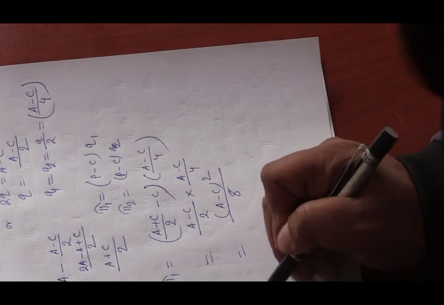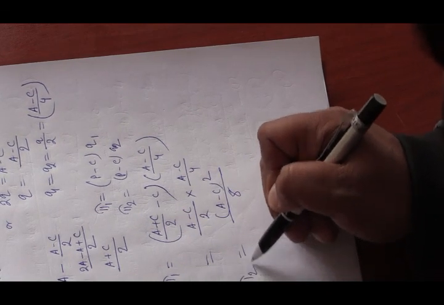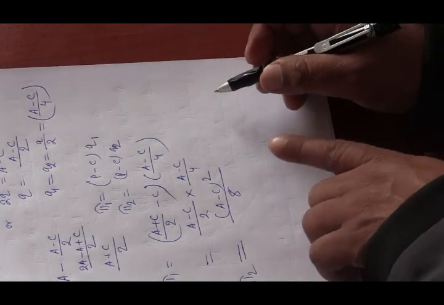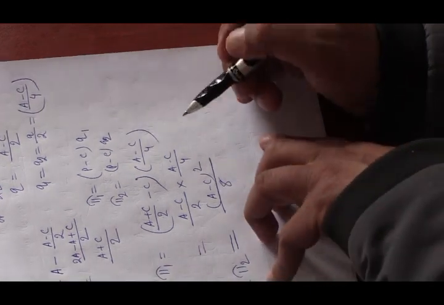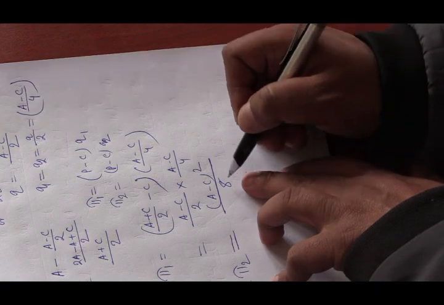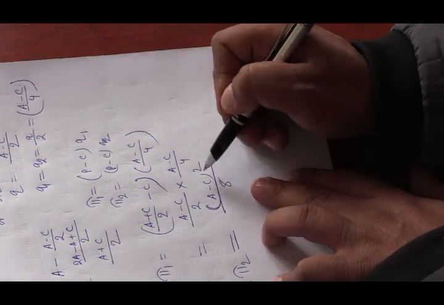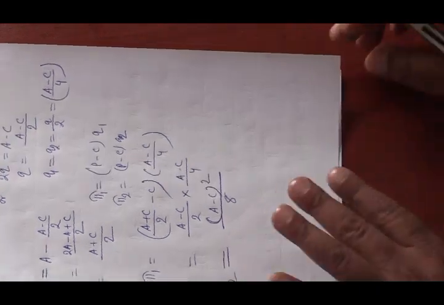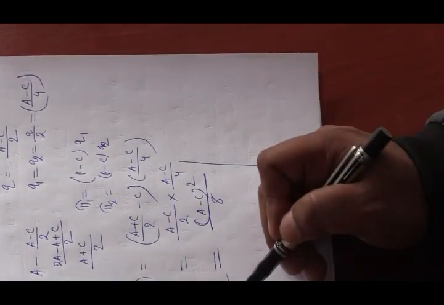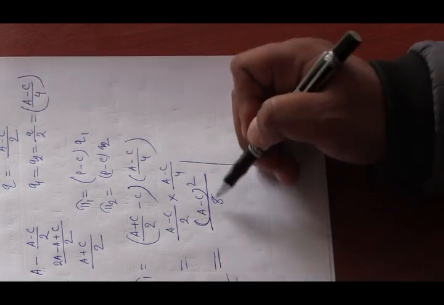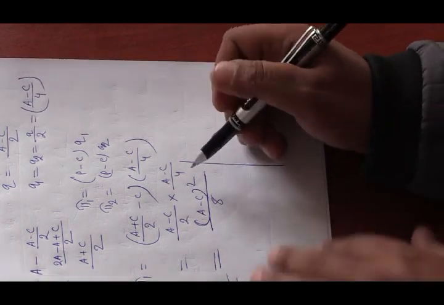So we can write that firm 1 and firm 2's profit will be the same whenever they join hands with each other and divide the market share equally. And see, in case of collusion, each will enjoy (A minus C) square by 8.